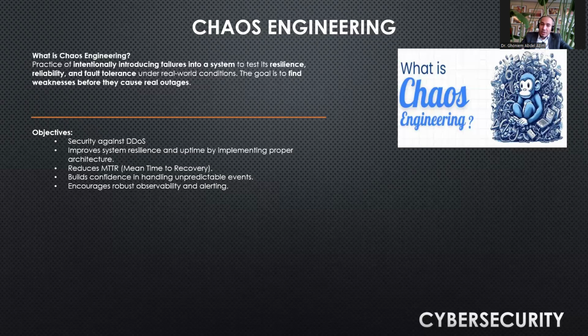Number three, reducing the mean time to recovery. If you have a large scale e-commerce solution, for example, like Amazon, and for sure they are implementing such an approach, the impact of the shutdown of the solution impacts the revenue stream of your business model.